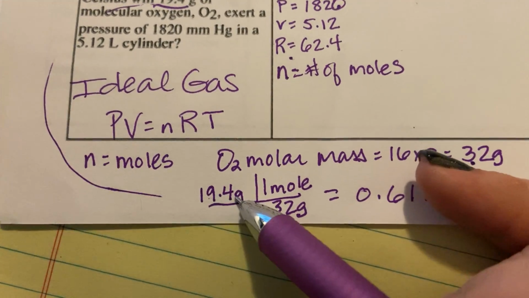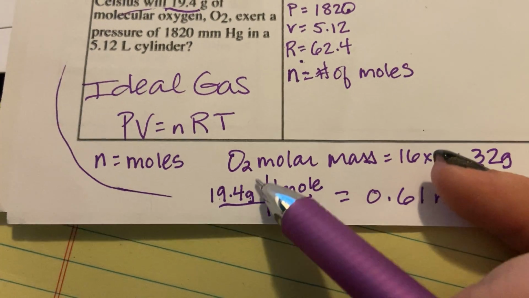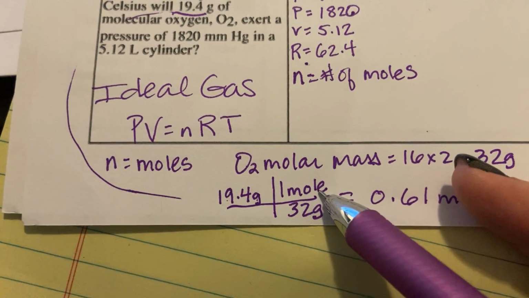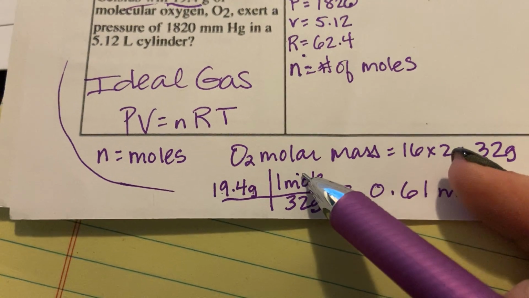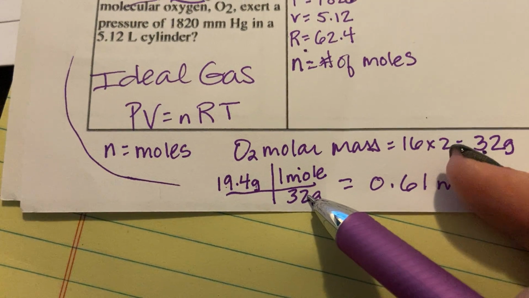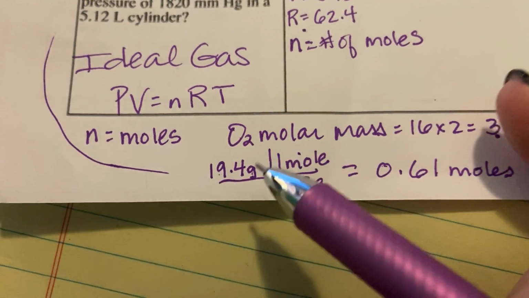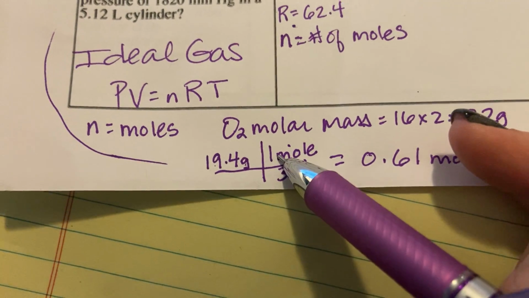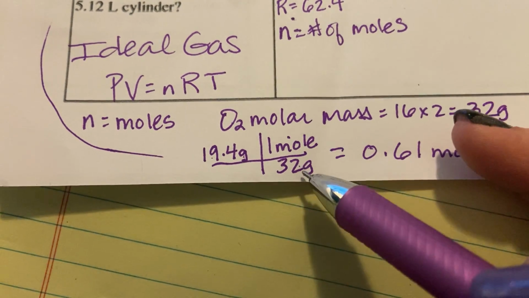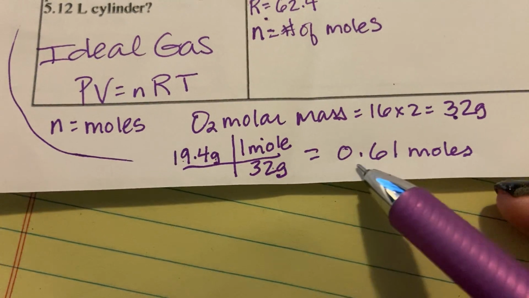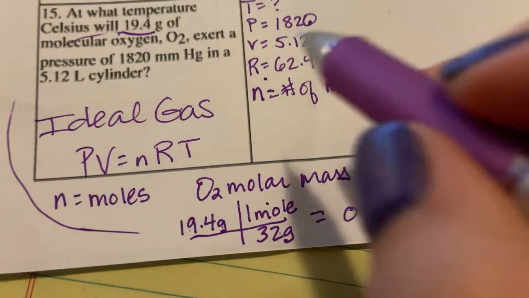So here's your 19.4 grams of O2, okay? And beside it, you put 1 mole, always, over the atomic mass, always. This is always how you're going to find n, always. 19.4 times 1 is 19.4. Divide that by 32, and you get 0.61 moles.